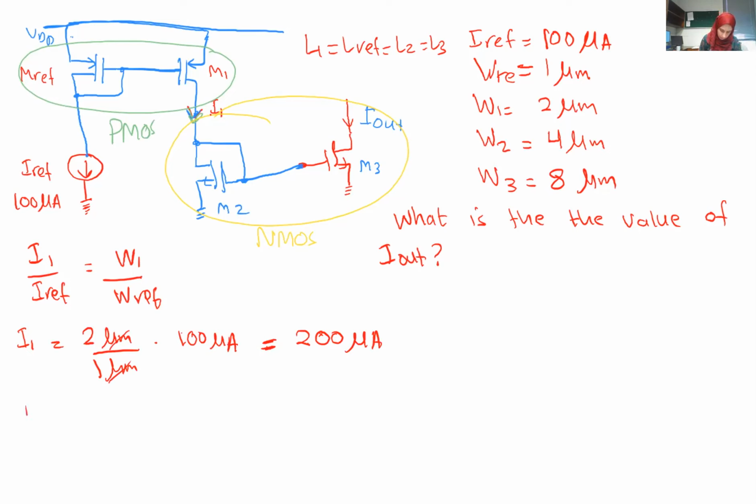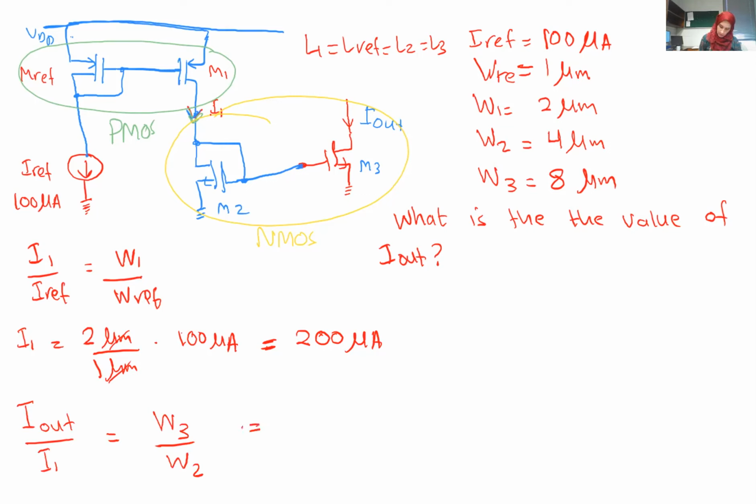So we will have I out over I1 equals W3 over W2. Okay, I hope you can see what I'm writing.